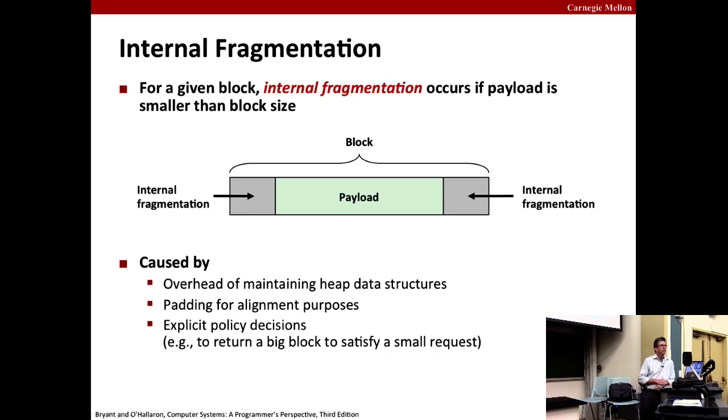Sometimes you might make a policy decision that if an application requests a small block, you return a larger block so that blocks don't get splintered up into little chunks. You might want to keep blocks at some minimum size.